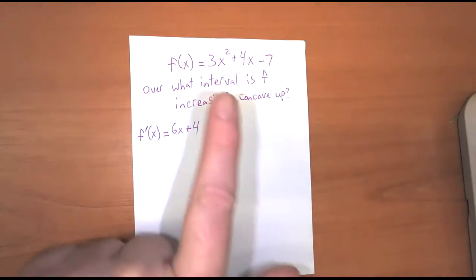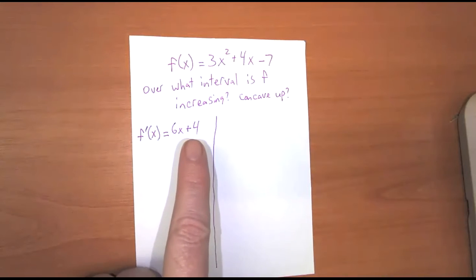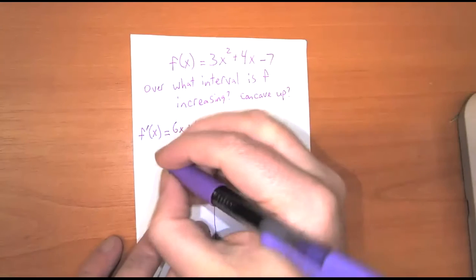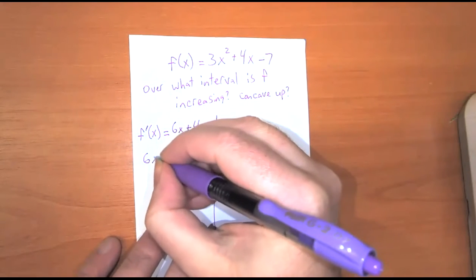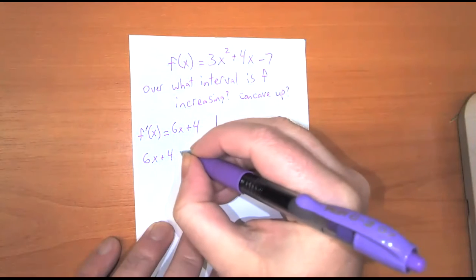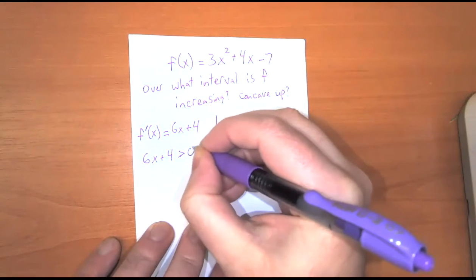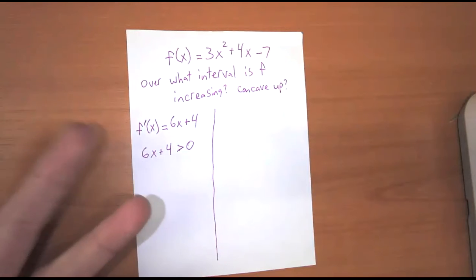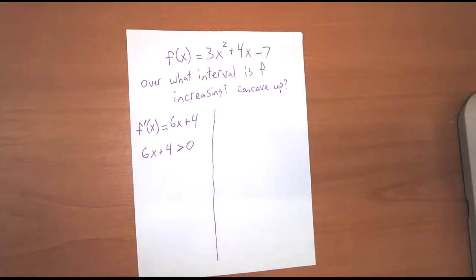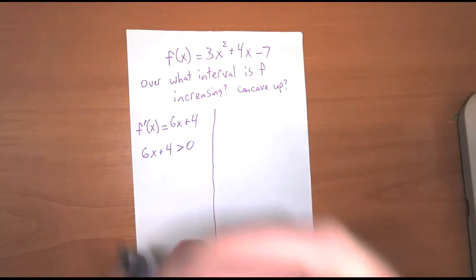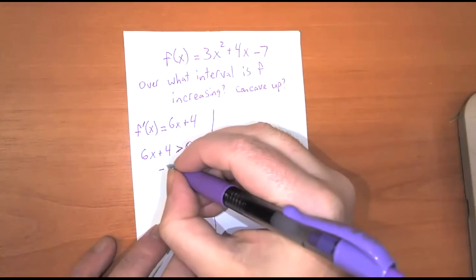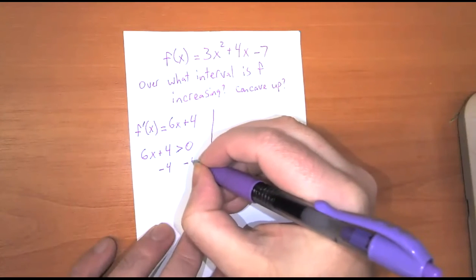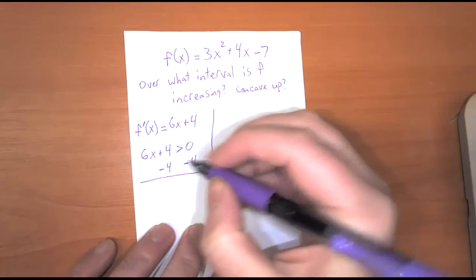All right, so we want to know when is 6x plus 4 greater than 0? That's what positive means. We're just going to be solving an inequality just like we did in Algebra 1. If you asked your teacher, when are we going to use this? Your teacher might have said, during calculus.